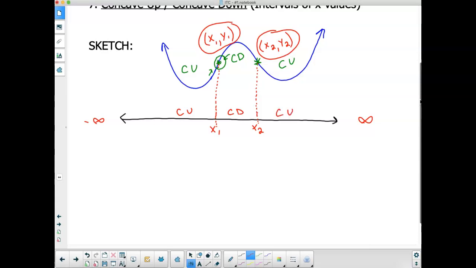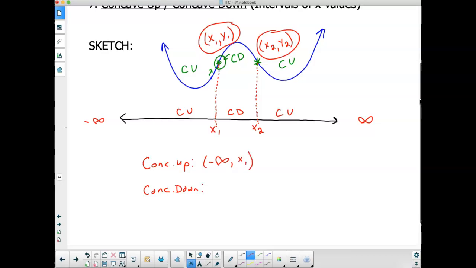So if I'm listing my intervals of concavity, I would say I'm concave up, and I also am concave down on this one. And what I would do is I would see I'm concave up from negative infinity all the way up to this x sub 1 right here.